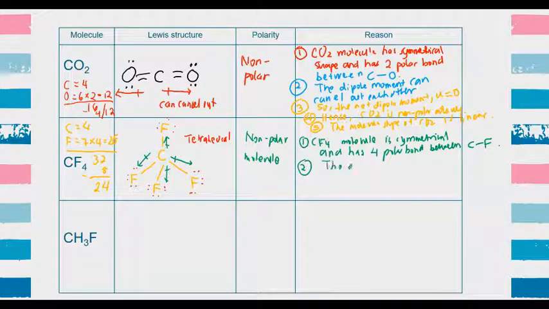The dipole moment can cancel out each other. So the net dipole moment, which is mu equal to 0.